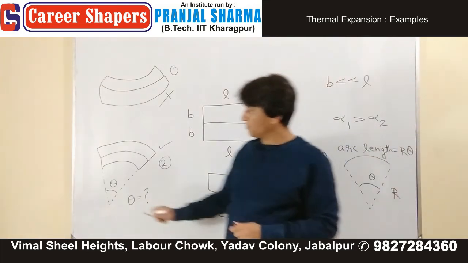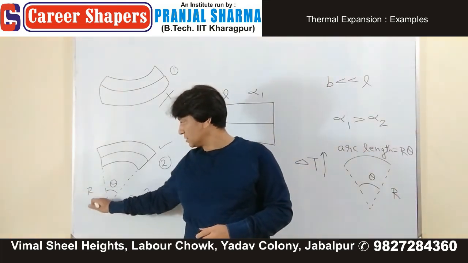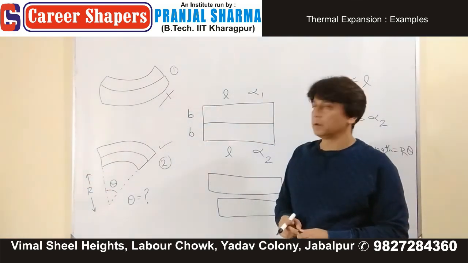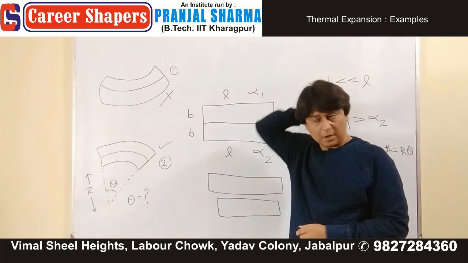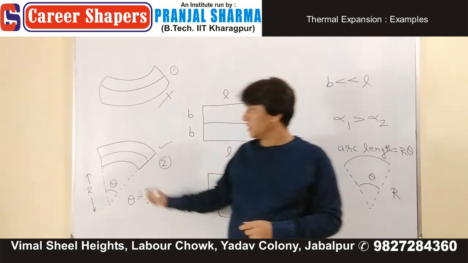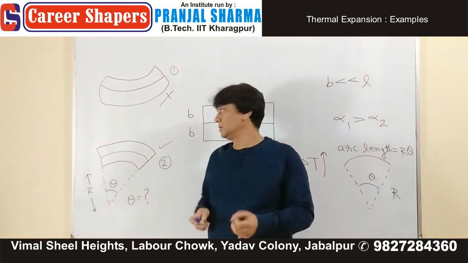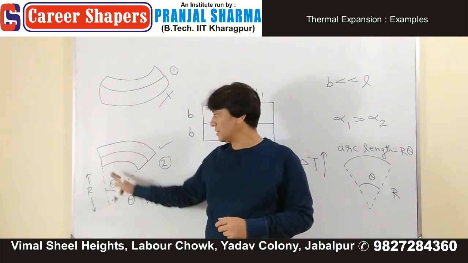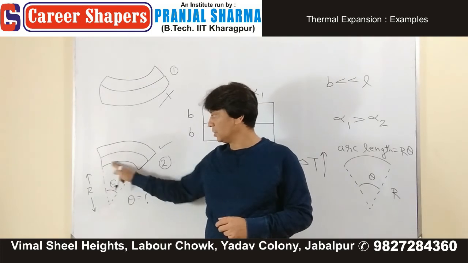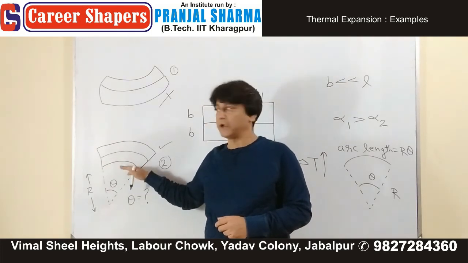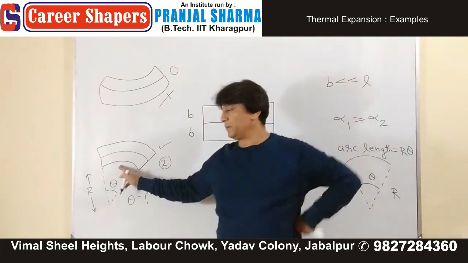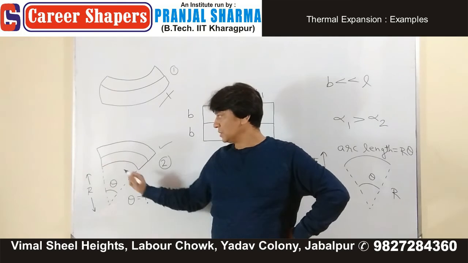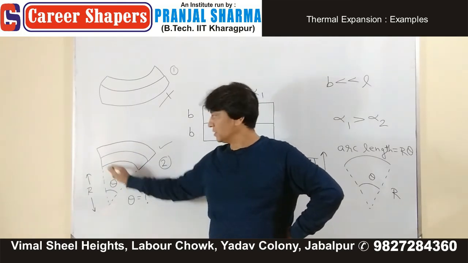Let's say this much is r. Let's find out mean length. You can see that this edge, the lower edge of the second plate, will be smaller as compared to the upper edge. So let's go for mean radius.